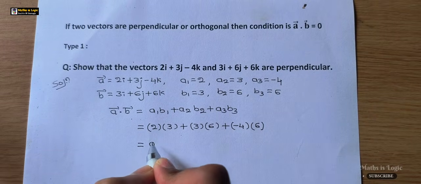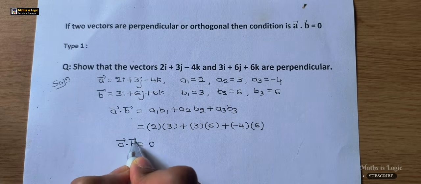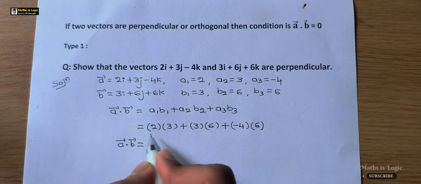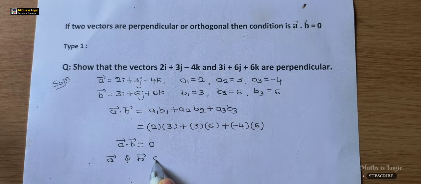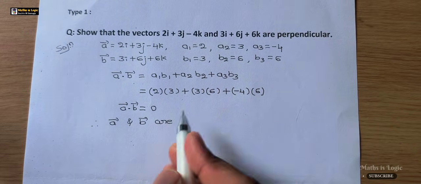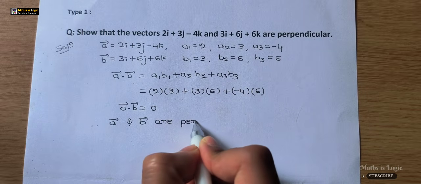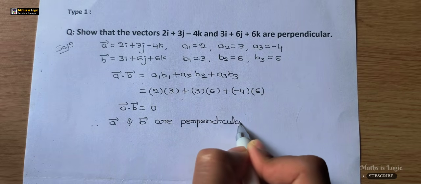So 0. Therefore which condition I am getting? A vector dot B vector final answer I am getting 0. It means the given these two vectors, that is A vector and B vector, are what? Perpendicular. So right, A vector and B vector are perpendicular.